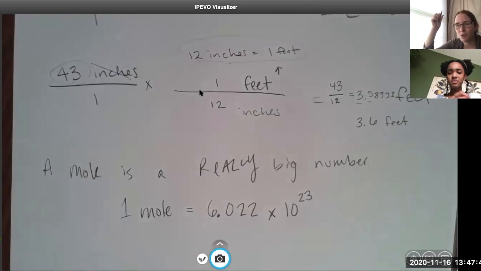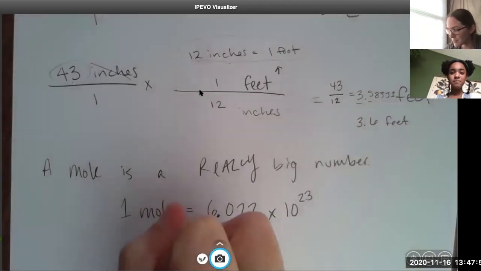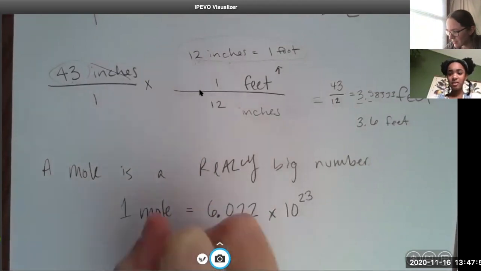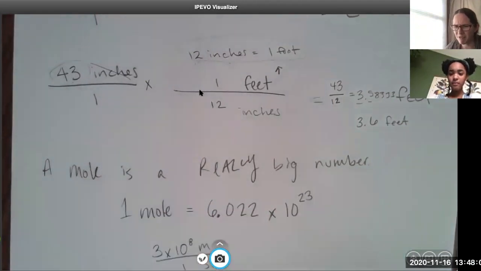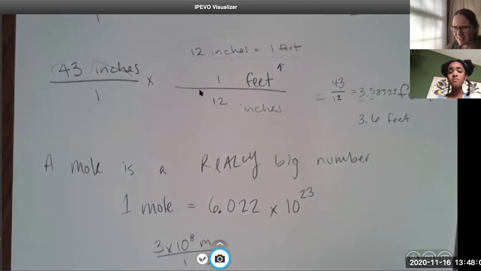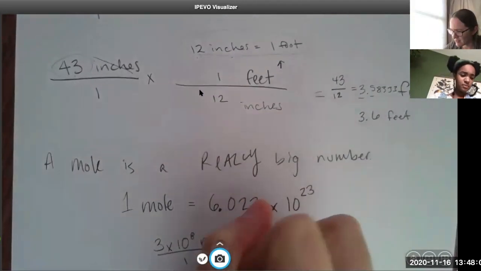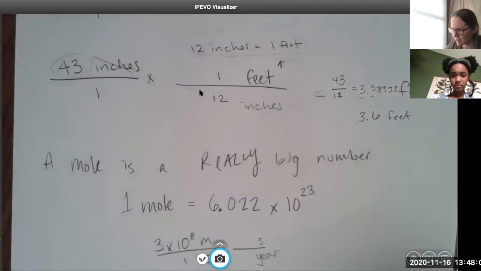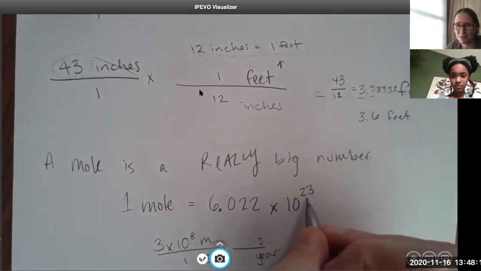No, light years are smaller than moles. Really? Because light is 3 times 10 to the 8 meters per second. Oh, okay. Really fast, but seconds in a year is less than 10 to the 15.